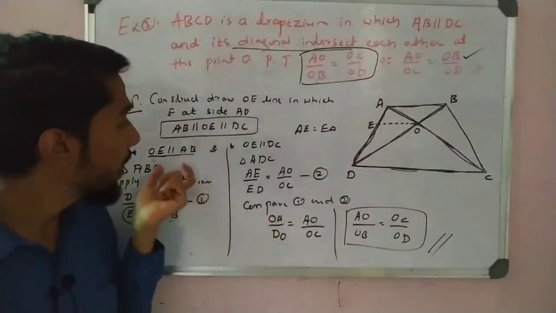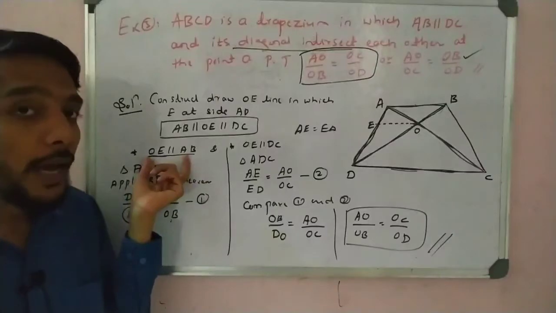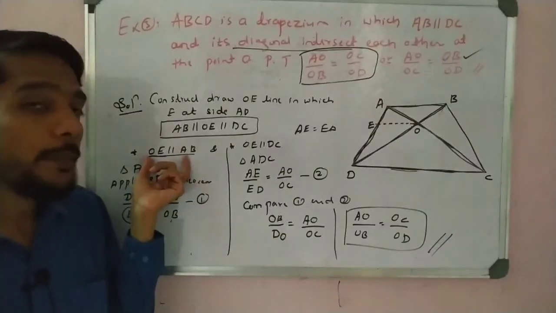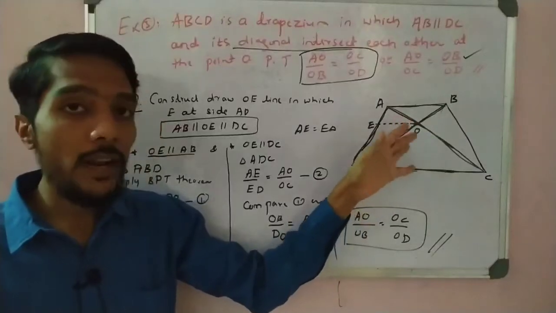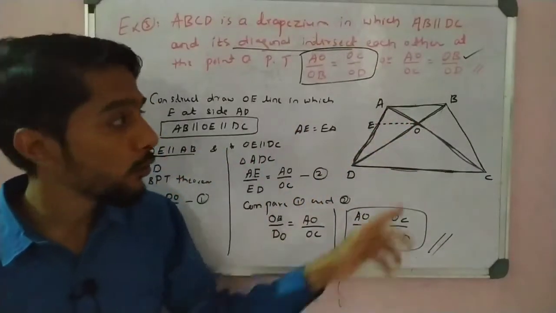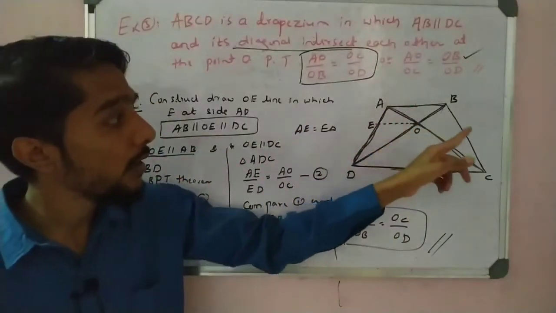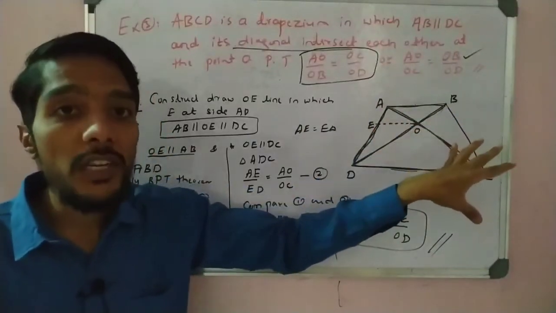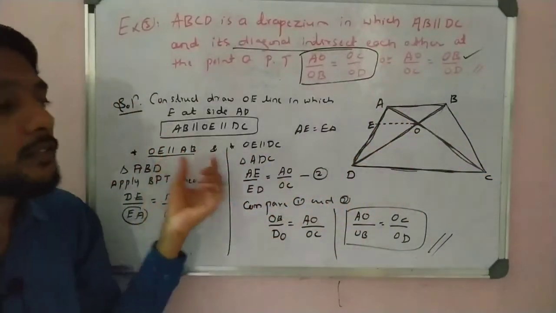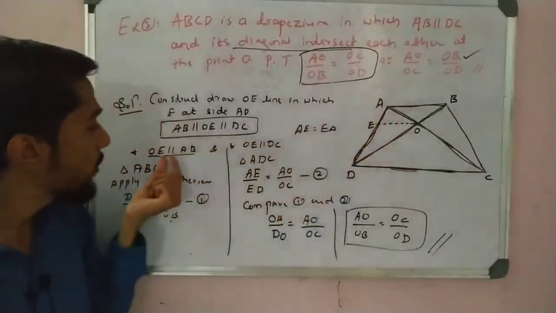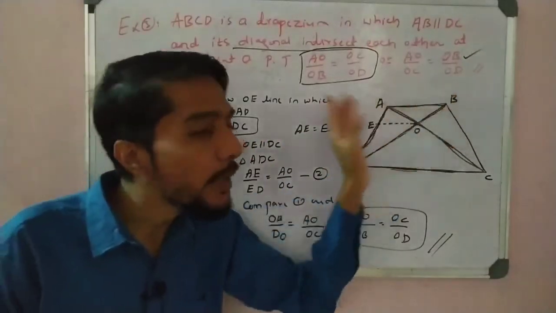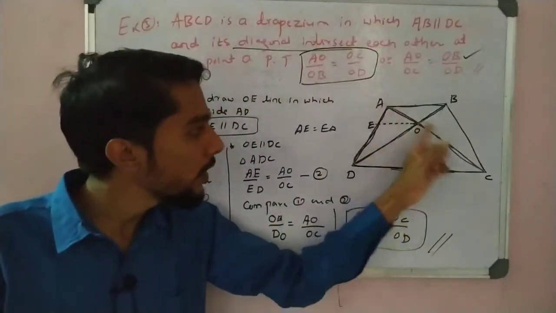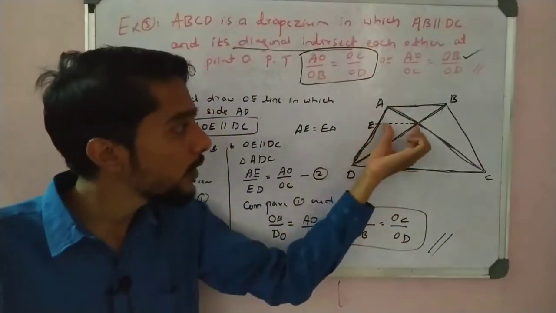Here, if I construct OE parallel to AB, then how do we get the triangle? Without a parallel, we are not able to select a triangle because so many triangles are there. One triangle, two, three, four, big confusion created. But when we select the parallel lines, we get the triangle. Because AB is the base, I can take a triangle which has AB as base. DC for this one.